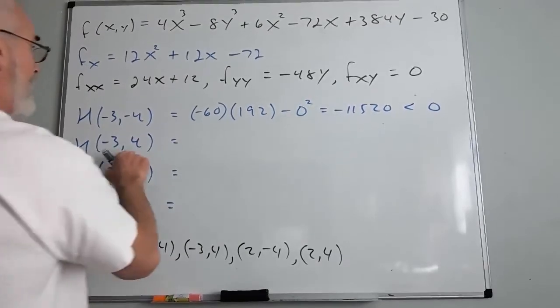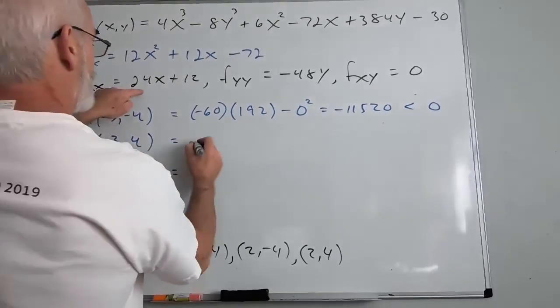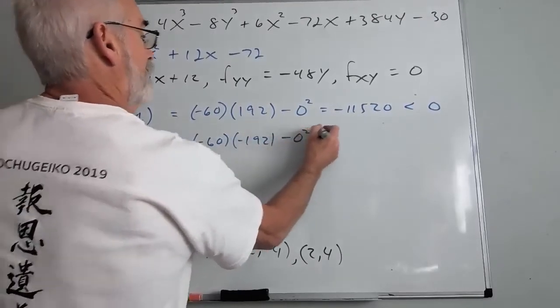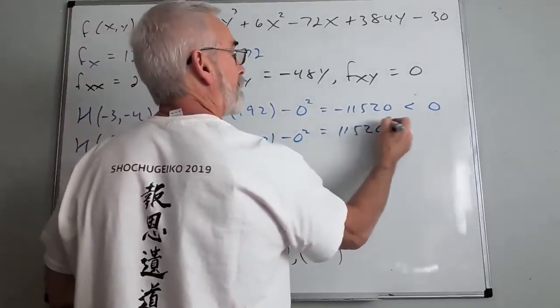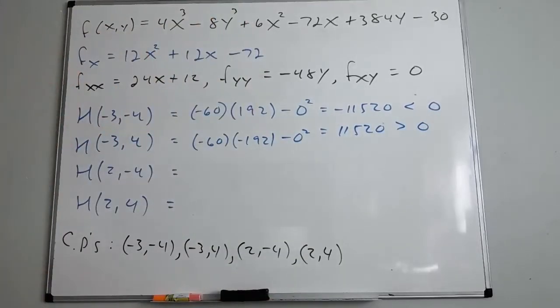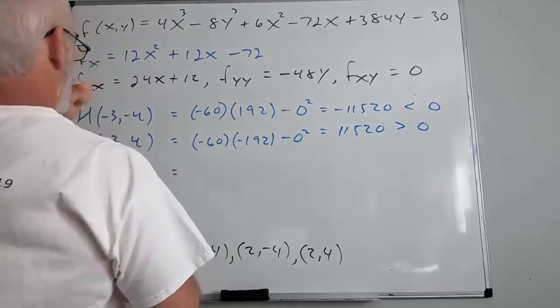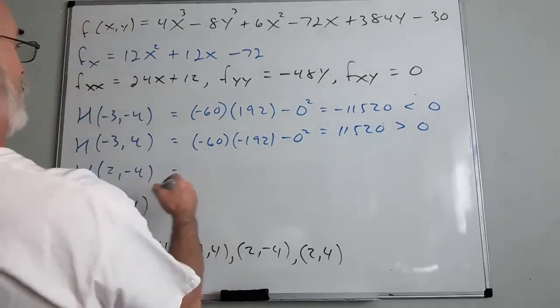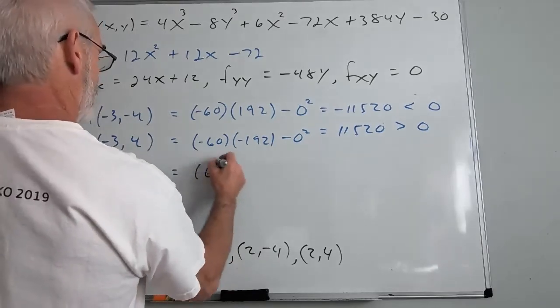Okay. Next one, -3, +4. So that's going to be -60, -192 minus 0 squared. I don't need a calculator to tell me that one's positive. Okay. Next one, +2, -4. So it's 48 plus 12, that's +60.